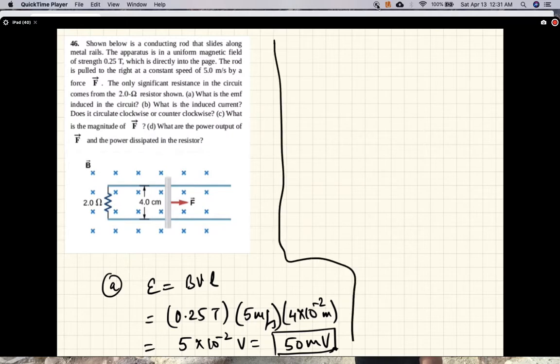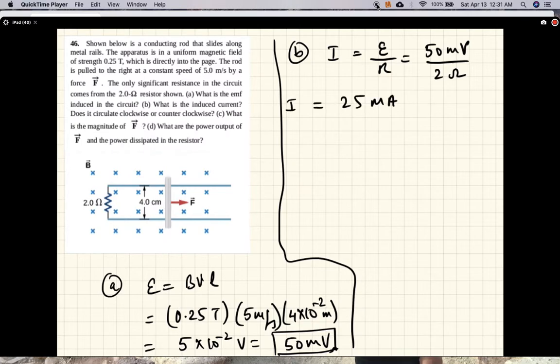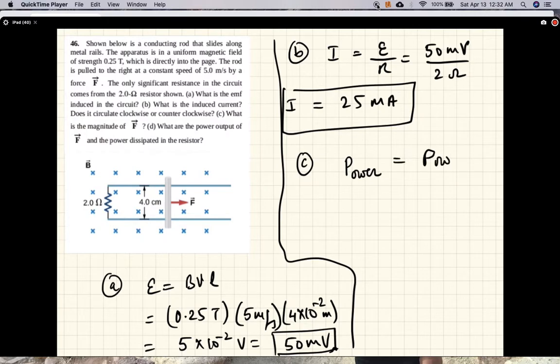Okay, now let's do part B. What is the induced current? The induced current is induced EMF divided by resistance, 50 millivolts divided by 2 ohms, equal to 25 milliamps. Okay, and then what is the magnitude of the force? Now, the power output is equal to power in.